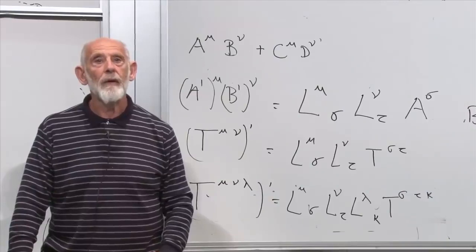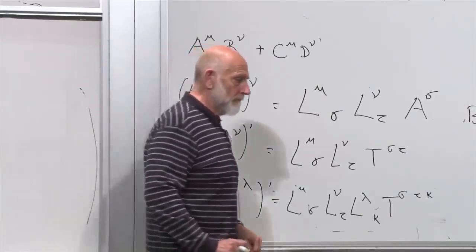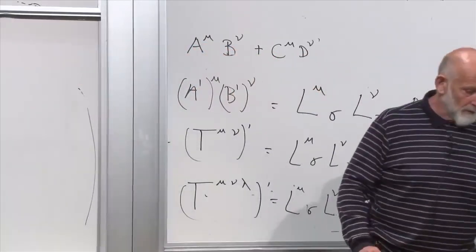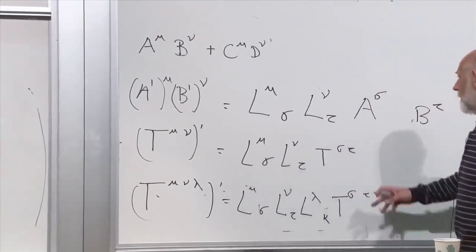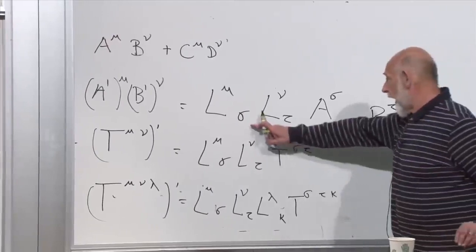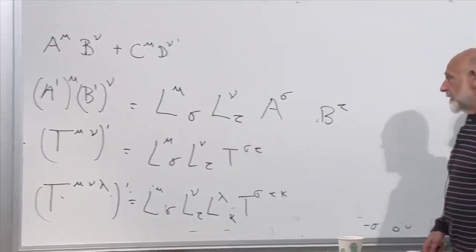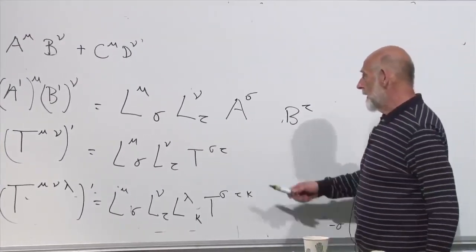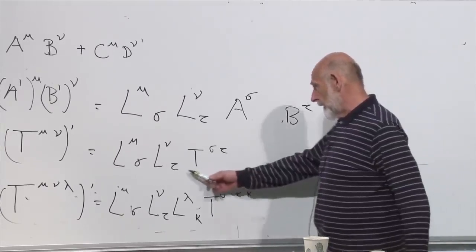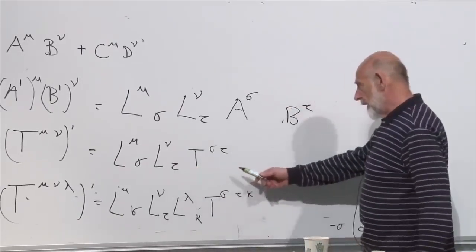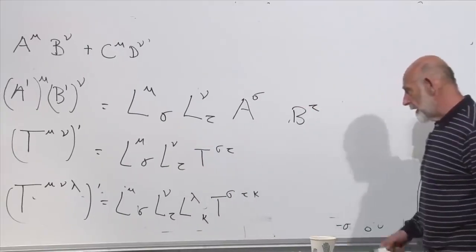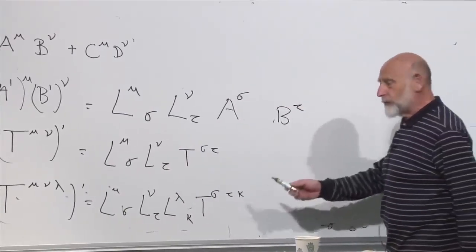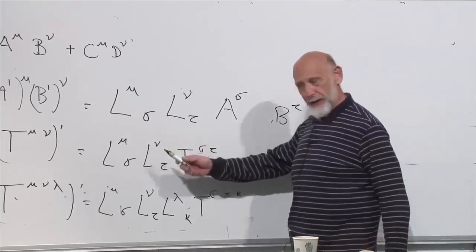How exactly does multiplying a matrix by a tensor work? It works exactly this way, sorry, this way right here. Here's a matrix L, and it acts on T. Write out what this means in detail.